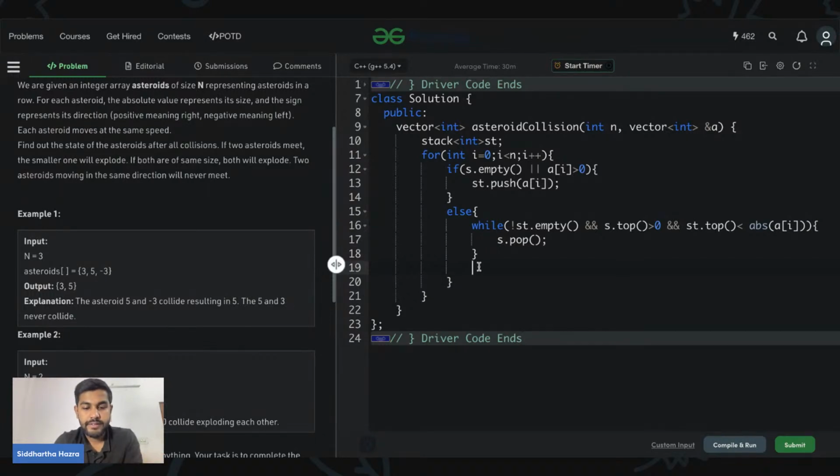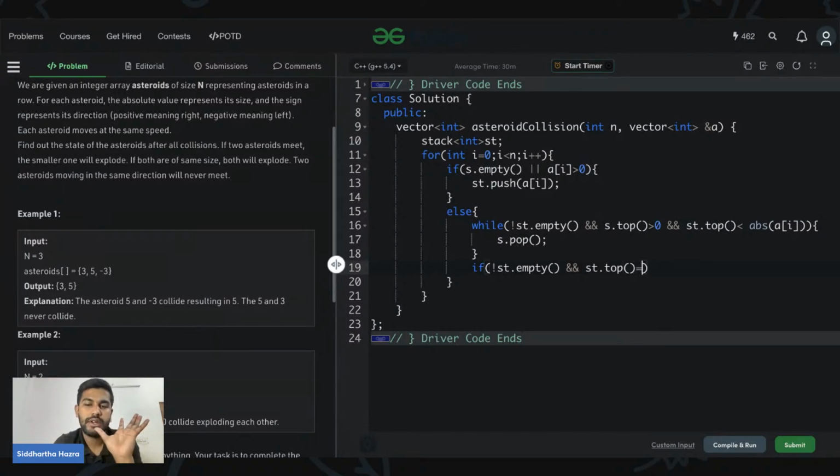we now have, if the stack is non-empty, again, st dot empty. If the stack is non-empty, that means it has some element, and st dot top. We would cater all the values: first it is less, then it is equal, then it is more.